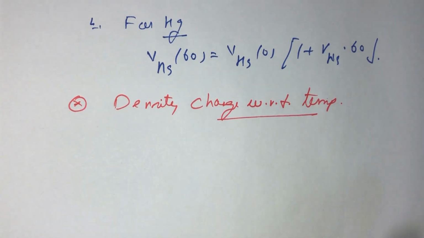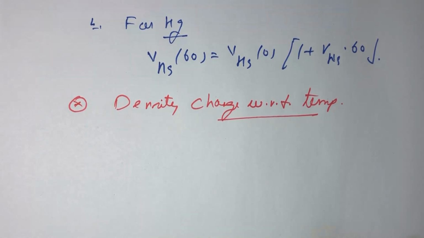We know that the density changes inversely with respect to volume, therefore we can say that the densities for iron and mercury at 60 degrees centigrade are as follows.